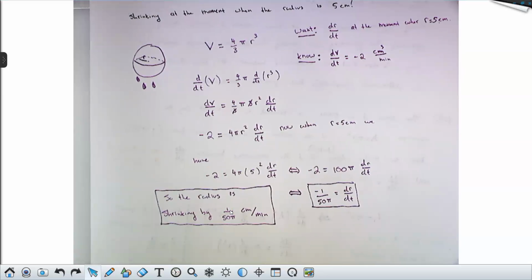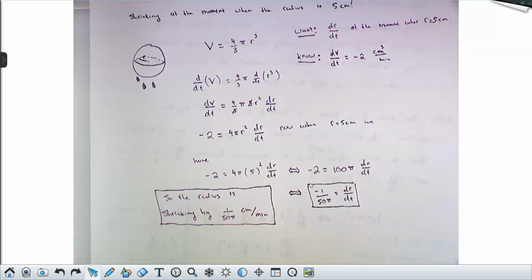Okay, and you see connections to physics, right? Very, very important. So if the question asks for how much it's shrinking by, I just plug the number in. I don't need to put the negative sign in. That's correct.